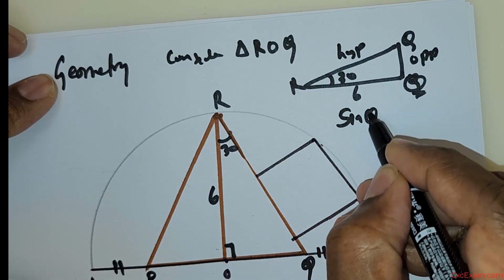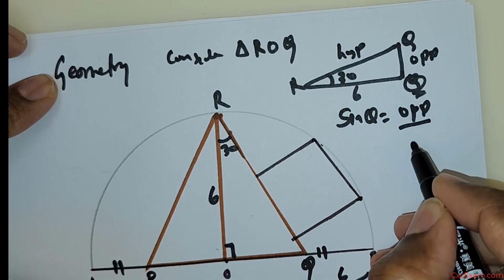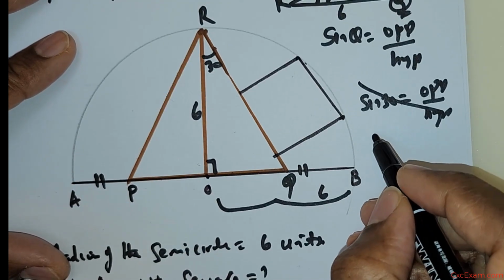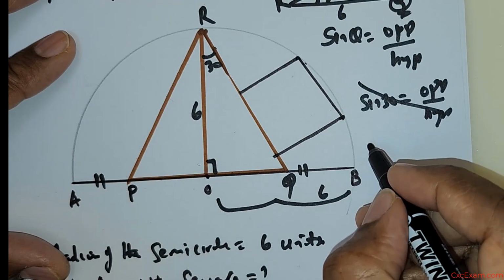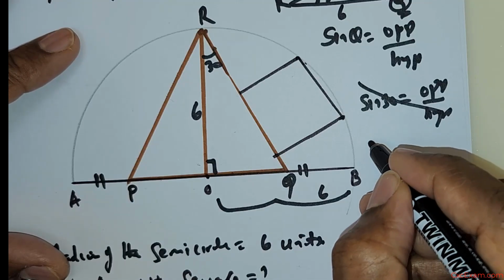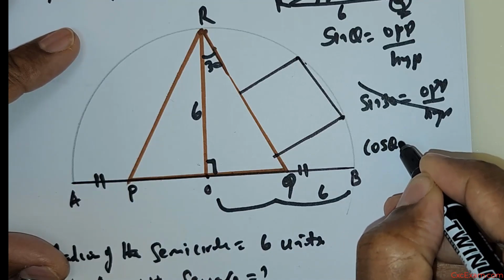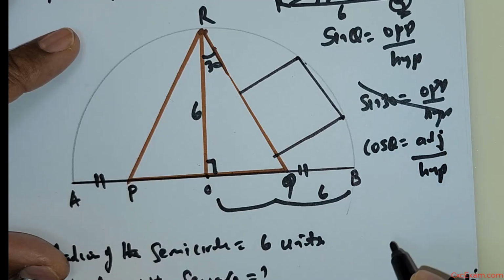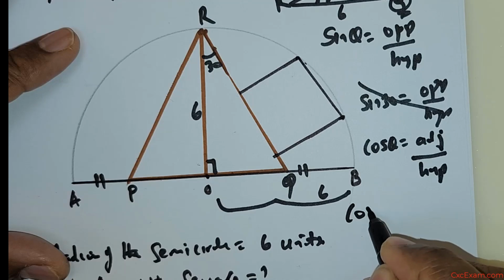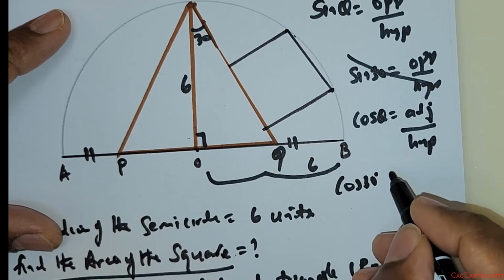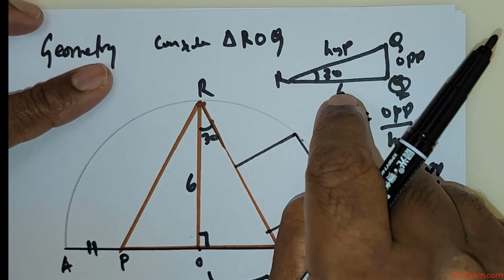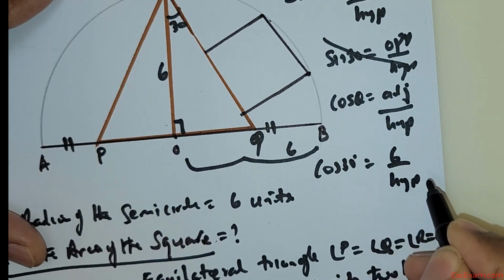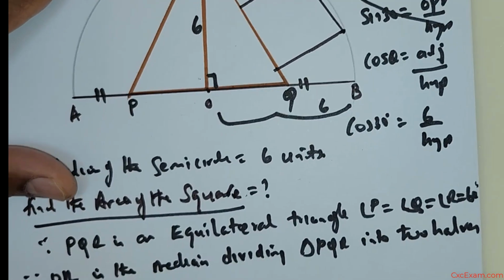So if I were to take sine theta, which is opposite side over hypotenuse side, and so what I'm going to do is we would be using cos theta. So cos theta is adjacent side divided by hypotenuse side. So cos of 30 is going to be, the adjacent side is 6 units, hypotenuse side can be found out.